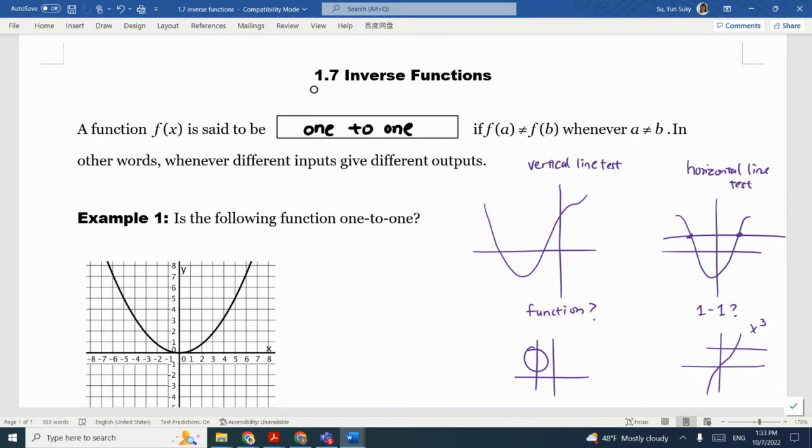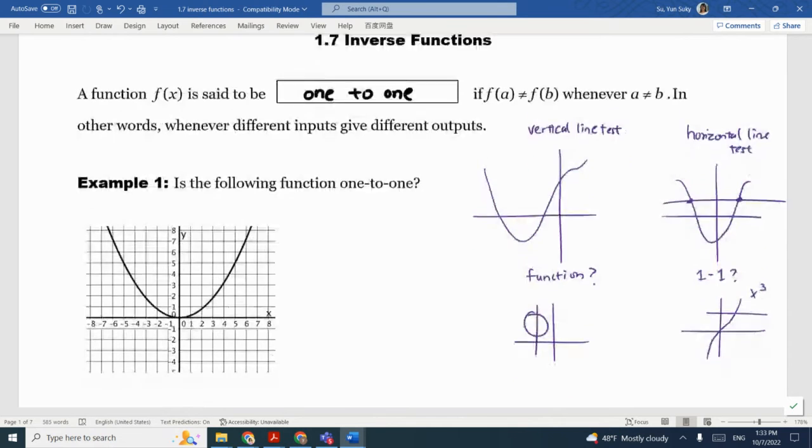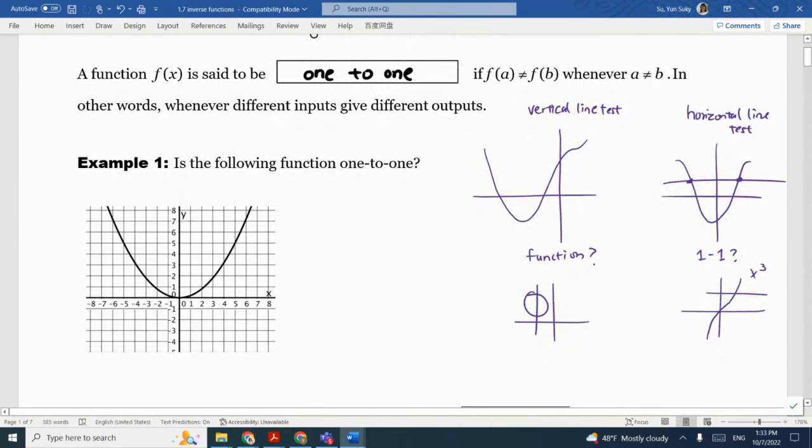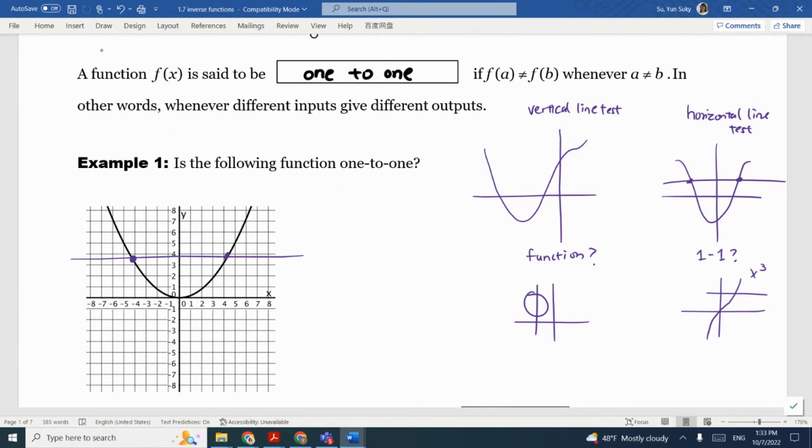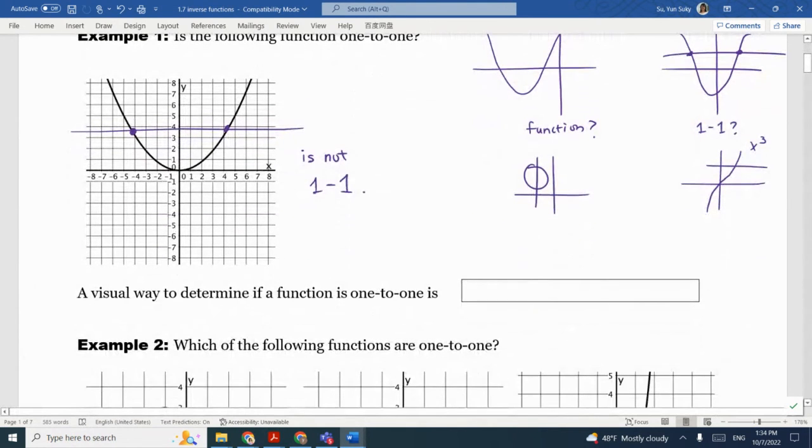So the vertical line test helps us to figure out whether a graph is a function. The horizontal line test helps us to figure out whether a function is 1-to-1. Therefore, is this one 1-to-1? No. If you use any horizontal line to intersect it, we get 2 intersection points. So this is not 1-to-1. So the way to determine if a function is 1-to-1 is to use the horizontal line test.